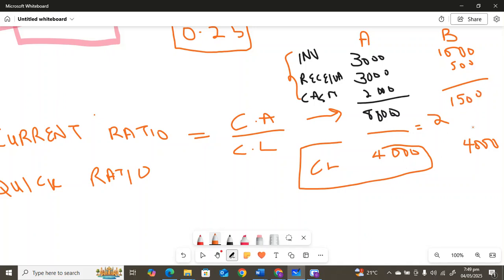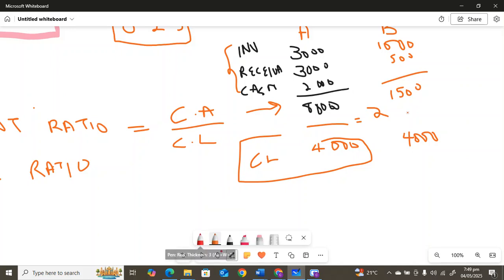So basically, if we get our current ratio, what is 1,500 divided by 4,000? 0.37. So basically here, as I said, with this 1,500, you cannot pay off this 4,000. There'll still be some current liabilities remaining.